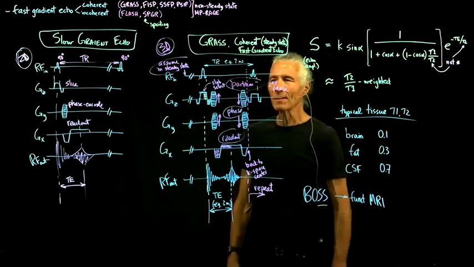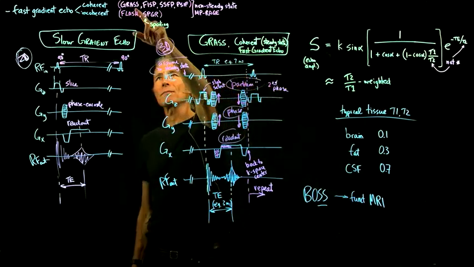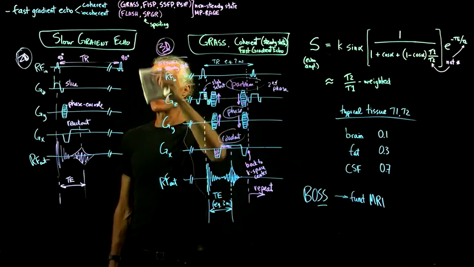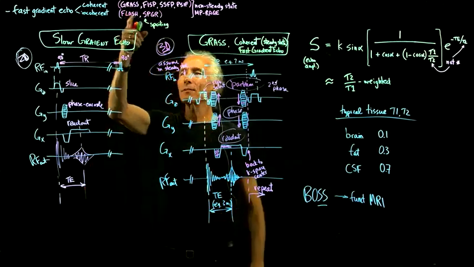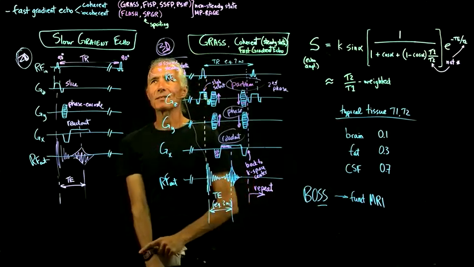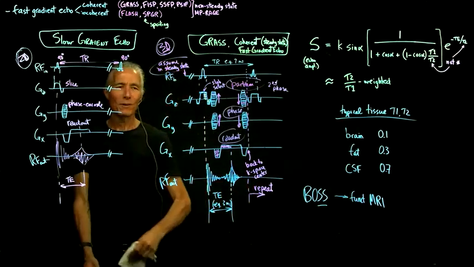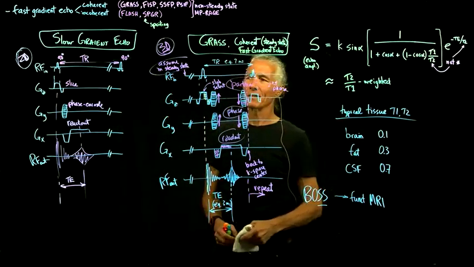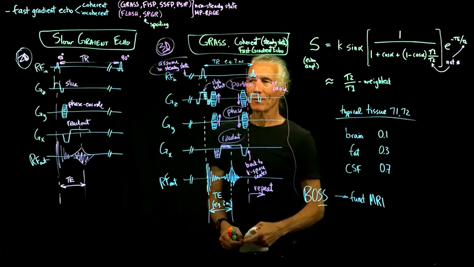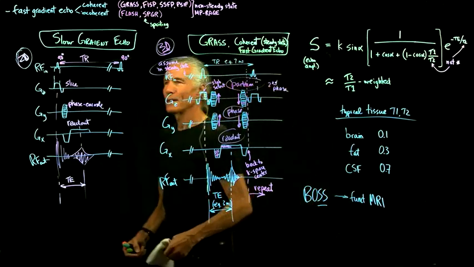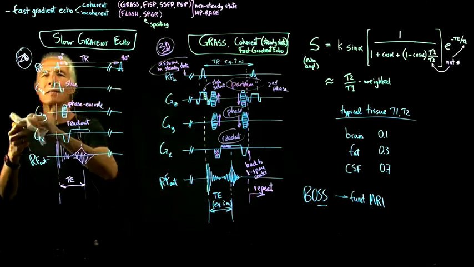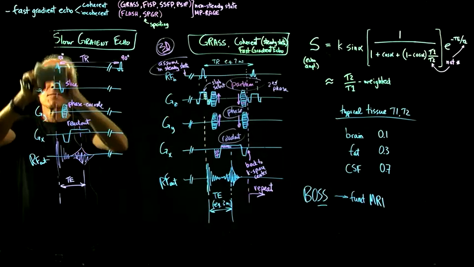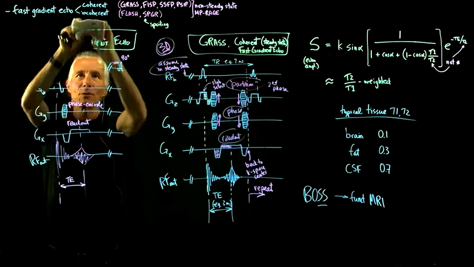So that's a strange sequence. Most people haven't heard of it or never used it on the scanner. I don't think any of the people that use the scanner center have ever used it, but there it is. So that's coherent steady state fast gradient echo. And we could have called the fast spin echo coherent also.